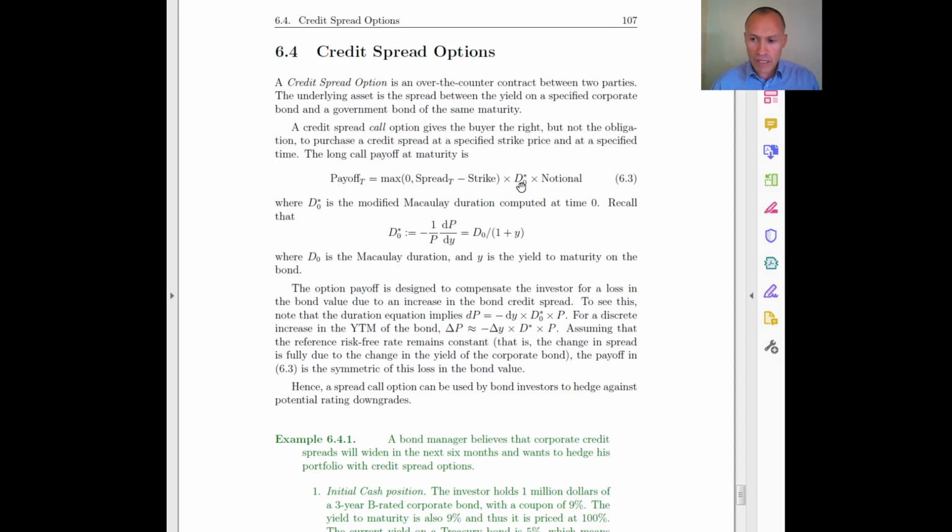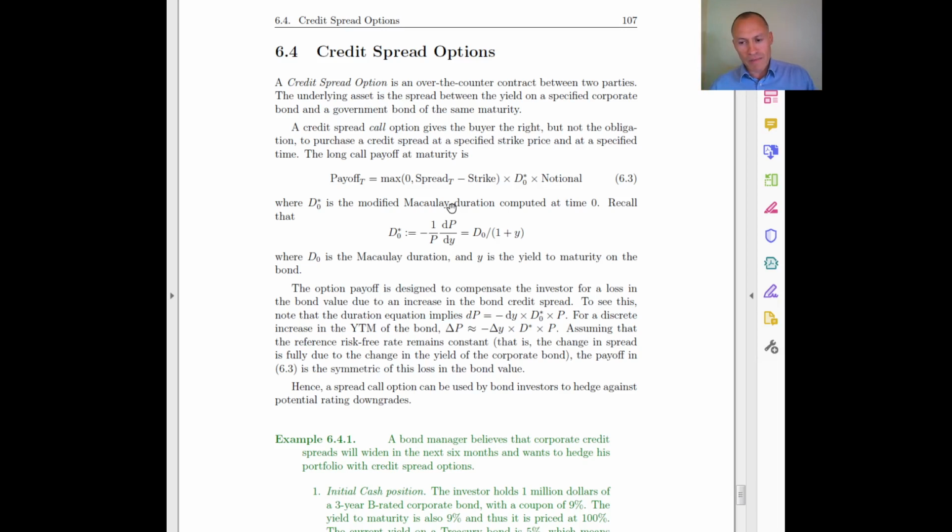And then this multiplies by the duration of the bond at the beginning of the option contract times the notional that we contract in the option. So why is the duration here? So the idea is the following. This duration is actually the modified Macaulay duration. We did not talk much about this Macaulay duration when we talked about fixed income, but you probably have seen this before in an investment type of course.